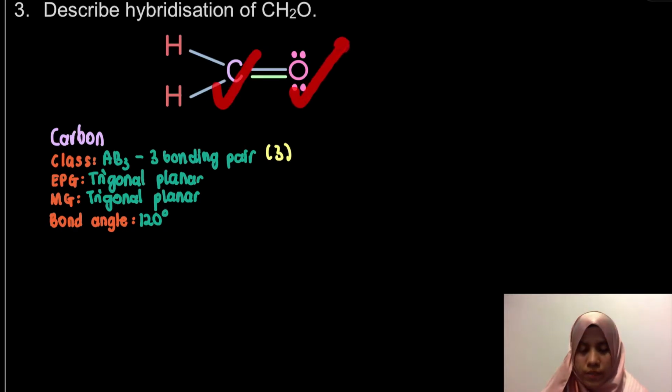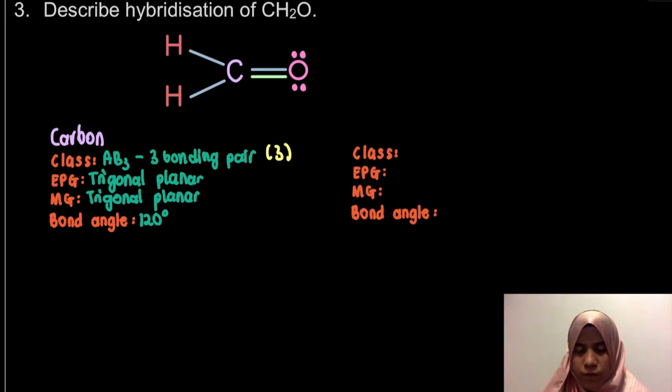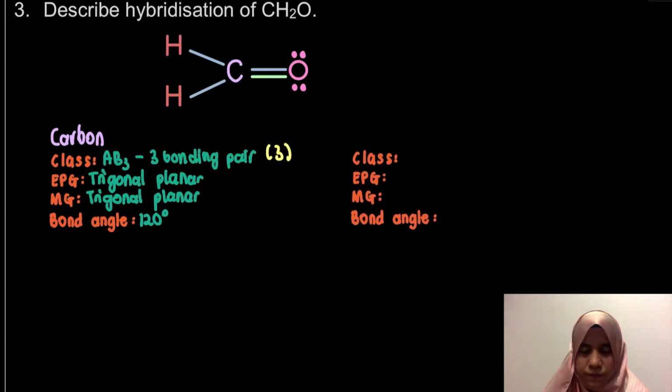How about our oxygen? For my oxygen, we also have to write it down. My class: my oxygen has a double bond, which means we have 2 bonds, but it is only bonded to 1 carbon. So it is AB1. It does have lone pairs.